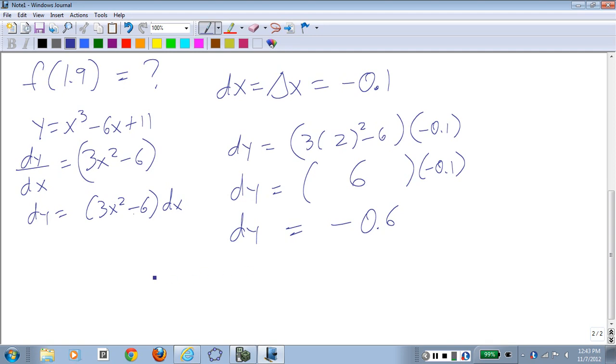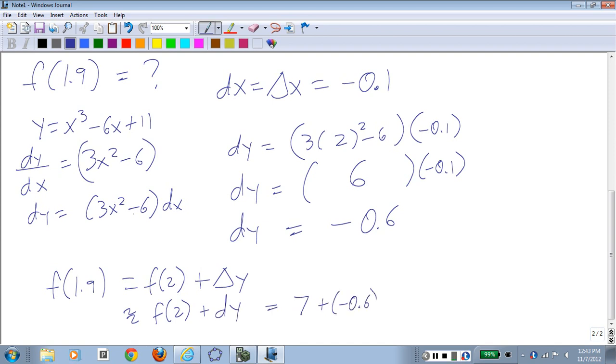So we can say f of 1.9 is approximately equal to f of 2 plus the delta y. Actually, it's exactly equal to f of 2 plus delta y. It's approximately equal to f of 2 plus dy. That's 7 plus negative 0.6, which is 6.4.